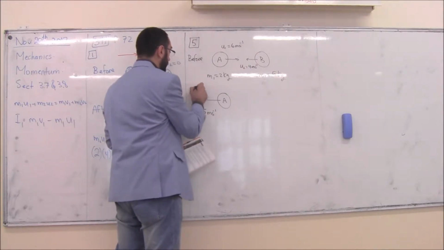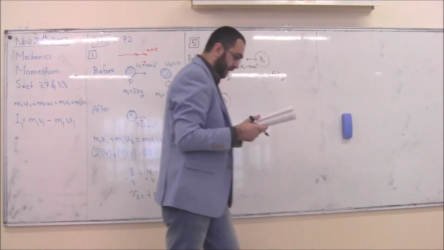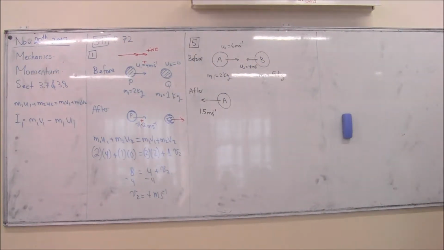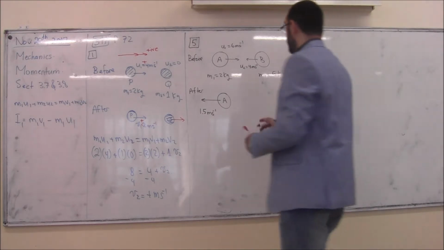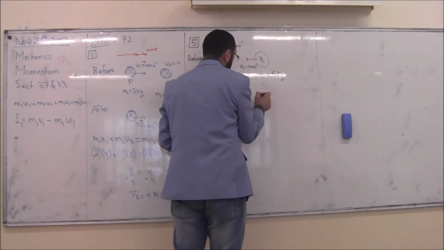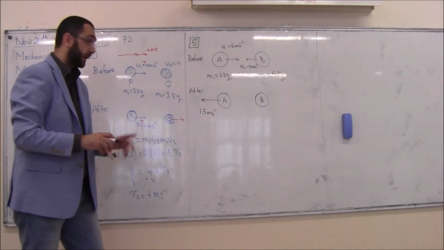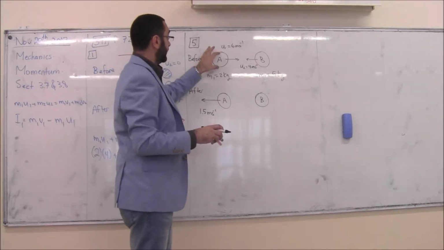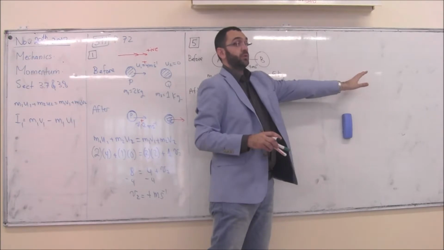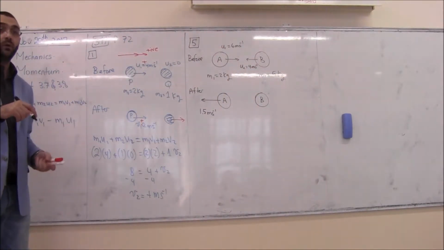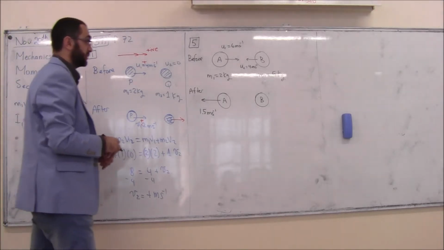We are asked about the speed and direction of B after the collision, then the magnitude of the impulse. You cannot judge that B will also reverse. We have to calculate. A may push B in this direction or the opposite way, no matter. I can't judge now. I have to make the calculation.